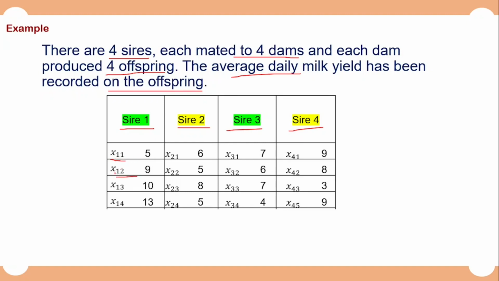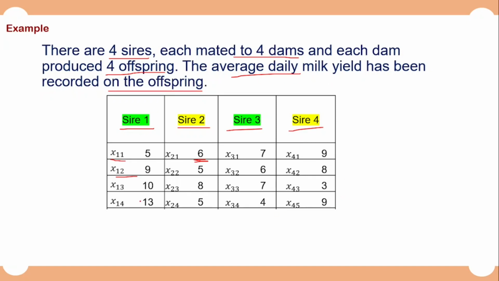This second one is the offspring of sire 1 dam 2 and so on. Similarly here in this second column, this first phenotypic information is on the offspring of sire 2 dam 1 and this second one is sire 2 dam 2 and so on. I hope now you have understood this data set.